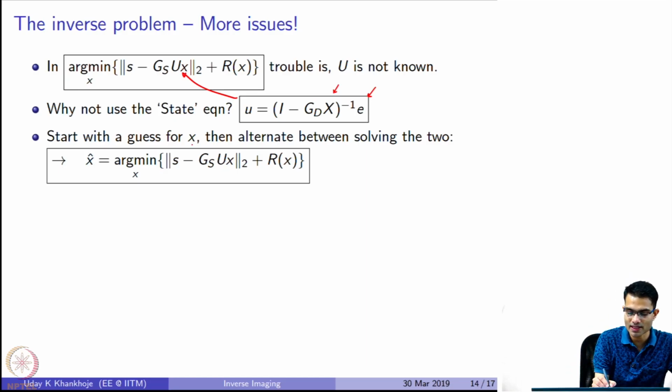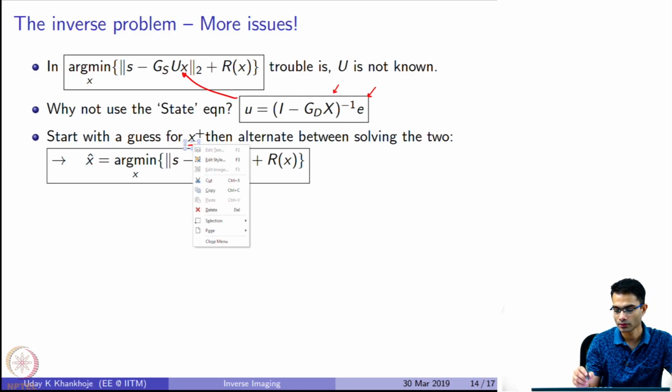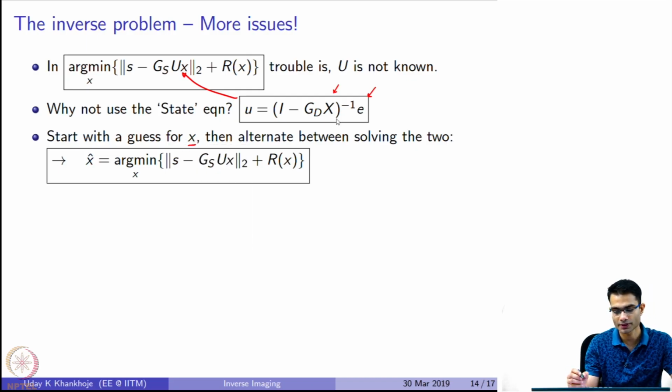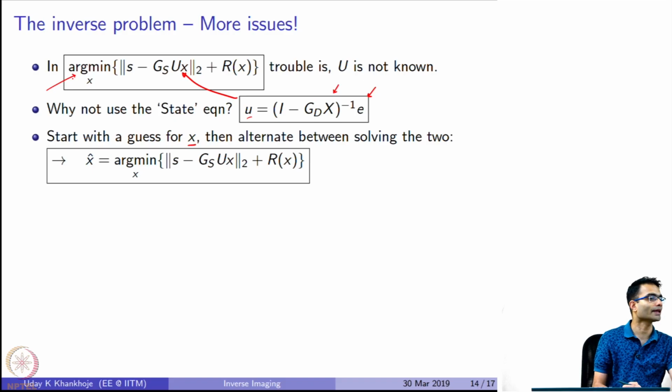Start with some guess for X, put it into this equation, get u from there, put that u into this equation, and then I am done. This becomes a problem only in one variable x. Sounds reasonable? I could do that, right?